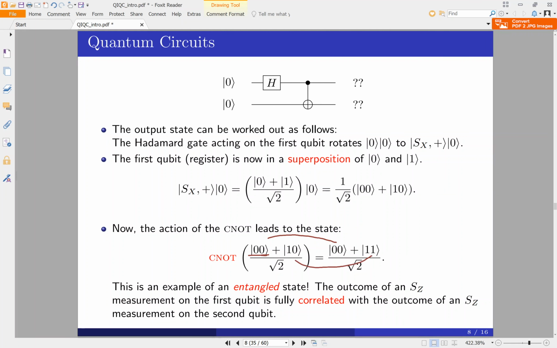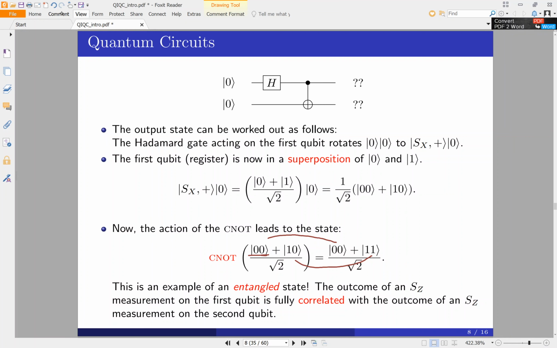So the 1, 0 should become a 1, 1, because now the target gets flipped since the control is 1. And now you see what happens is that the output state is of this form. It's 0, 0 plus 1, 1 by root 2, and this is an example of what is called an entangled state.